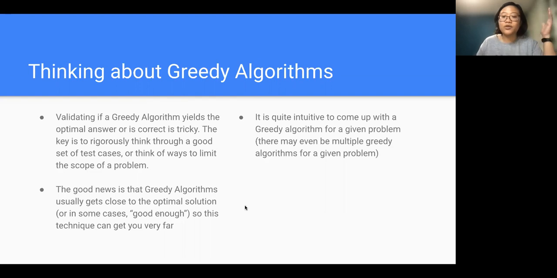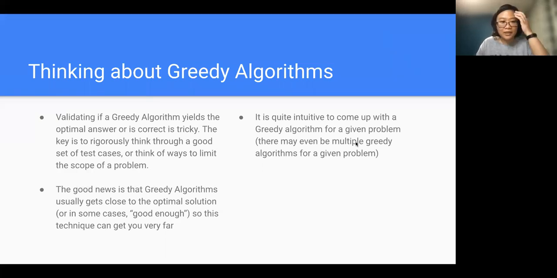The good news is greedy algorithms usually get you close enough or good enough, right? The technique gets you very far, even if it might not yield the optimal solution.